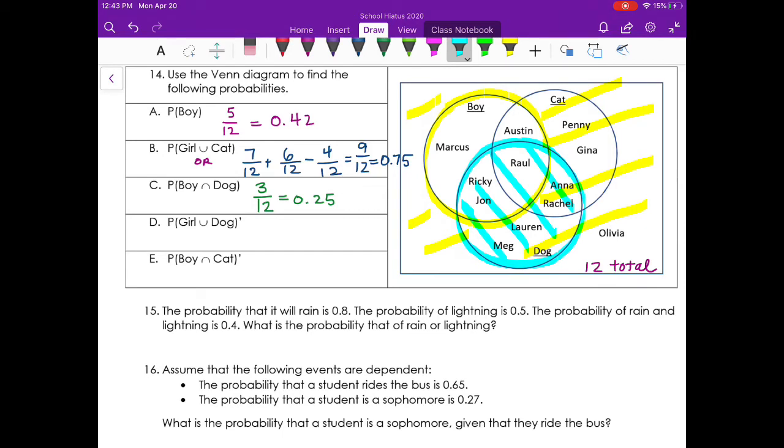So the union of girls and dog owners is everything that is shaded in yellow or blue, because union is or, so it can be anyone that's a girl or anyone who owns a dog. And because we're looking for the complement of that, we are actually looking at anything that is not shaded in either yellow or blue. This includes Marcus and Austin, which gives us a probability of 2 out of 12, or 0.017.